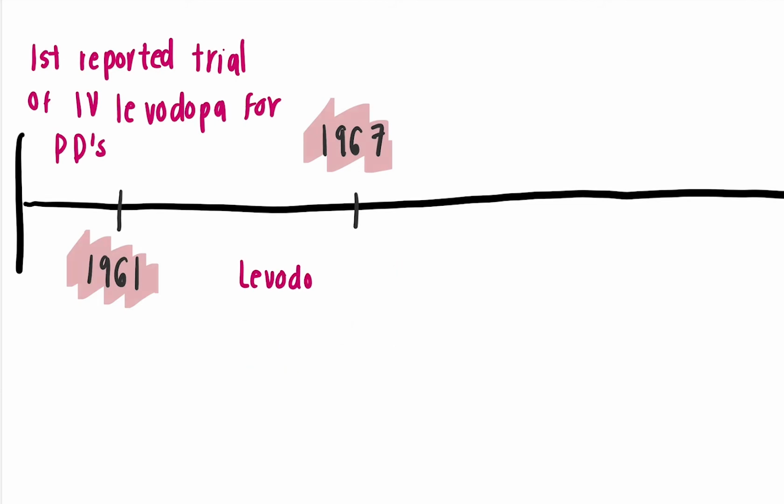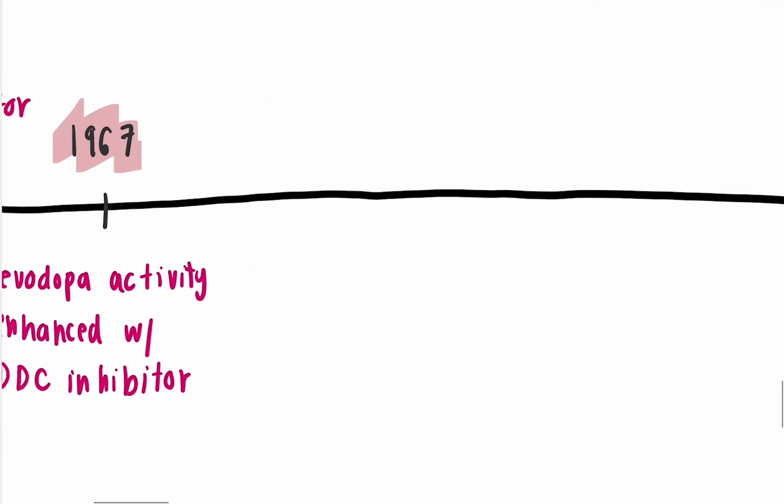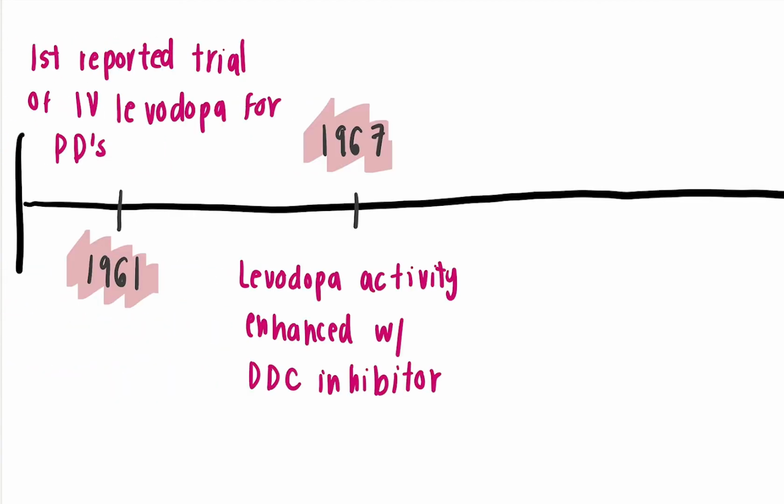In 1967, levodopa activity was enhanced with DDC inhibitors. The first DDC inhibitor was benserazide, and much improvement was seen in Parkinson's disease patients.